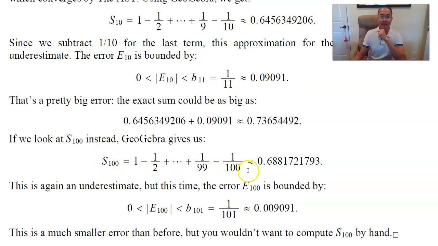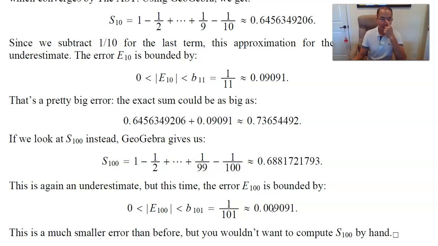And GeoGebra will tell us it's about 0.68817, right? That's, again, an underestimate, but this time the error is smaller than the next term, which is 1 over 101. It is now 0.009, okay? So that's a much better result, of course.